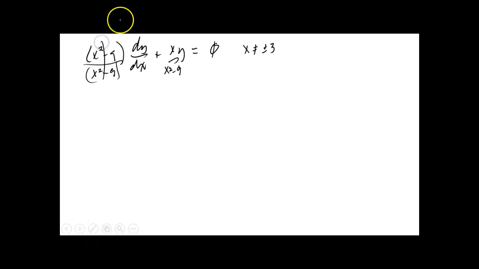Now this looks like our standard form, where our dy/dx plus our P of x, which is x over x squared minus 9, times y is equal to 0. So this is our P of x. And what do we do with that P of x?